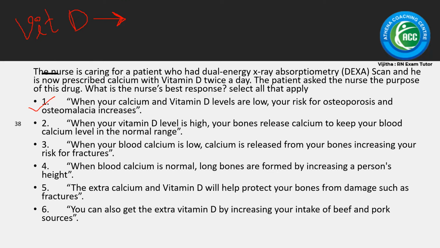So vitamin D usually gets absorbed through the skin. Then vitamin D will remain in our body, and then the kidney will stimulate the vitamin D, and this vitamin D helps to stimulate one hormone, that is parathormone.